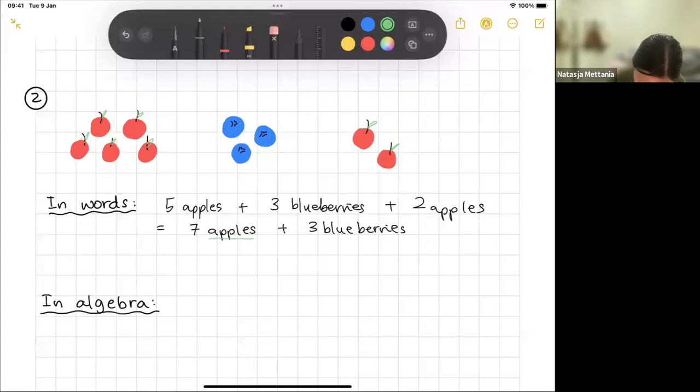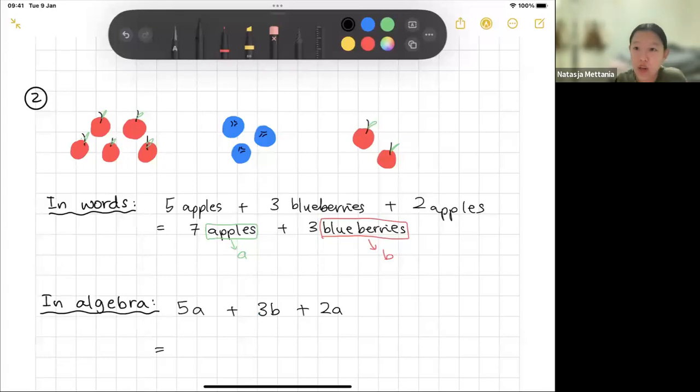Let's say, again, I'm going to represent apples as the letter A, and blueberries, as you guessed it, the letter B. So I'm going to rewrite it. I've got 5 apples, which is 5A, plus 3 blueberries, which is 3B, plus 2A, which represents 2 apples. One strategy is to figure out where your like terms are. When the letters and their powers are exactly the same, circle it, square it, highlight it, whatever you like.